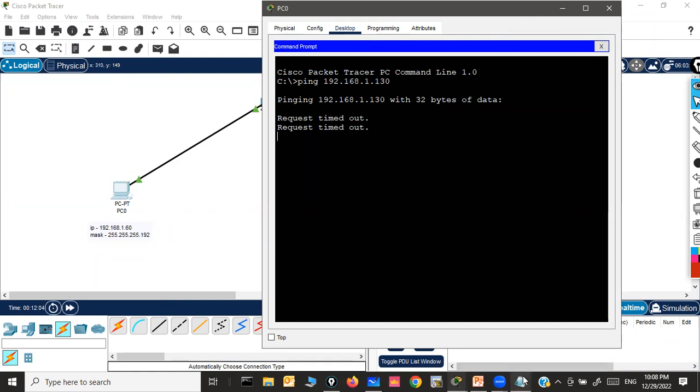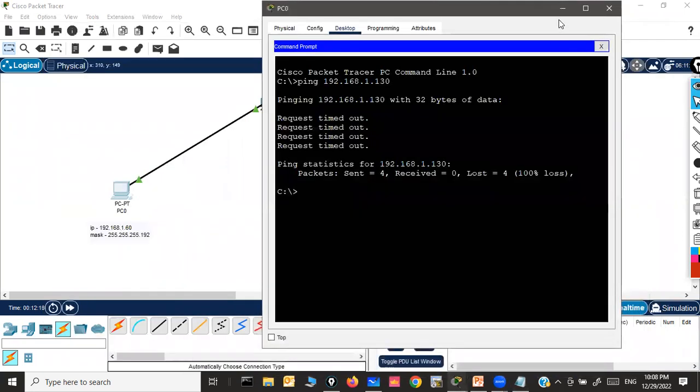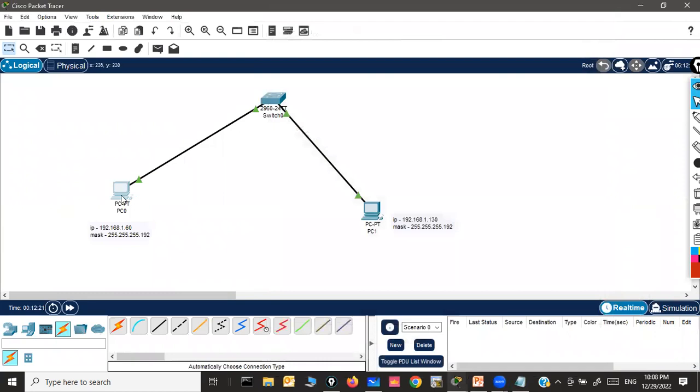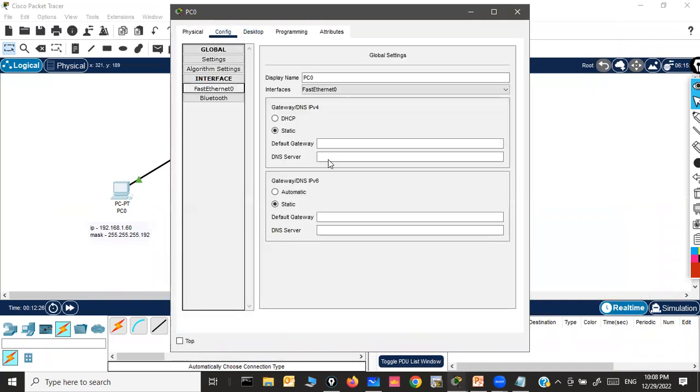What if I assign an IP address from the same subnet? Any IP address from this range. Like 129, 130, or even 160 to this machine, instead of 60. Then yes, they will communicate.